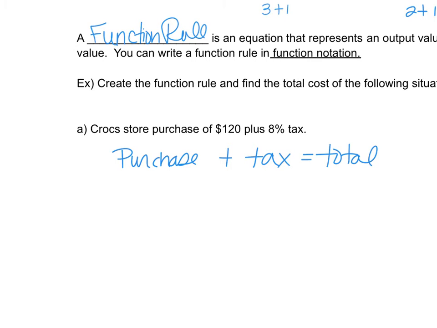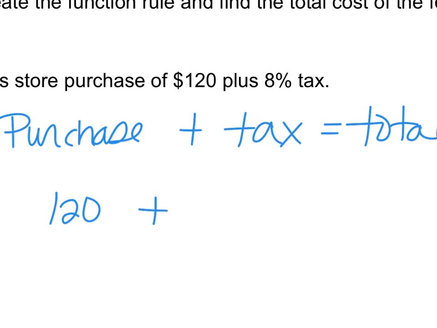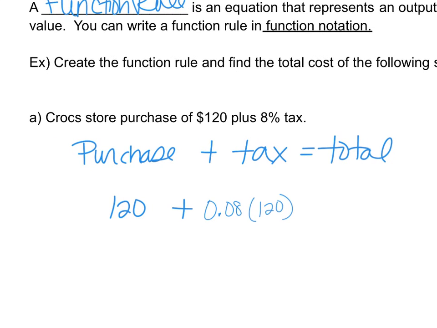Okay, so now let's talk about putting that in an equation. So the purchase is $120. How do you figure tax? Well, if you didn't know that, you take 8% of 120, you do 0.08, that's the decimal version of 8%, times 120, and that's going to give you your tax.